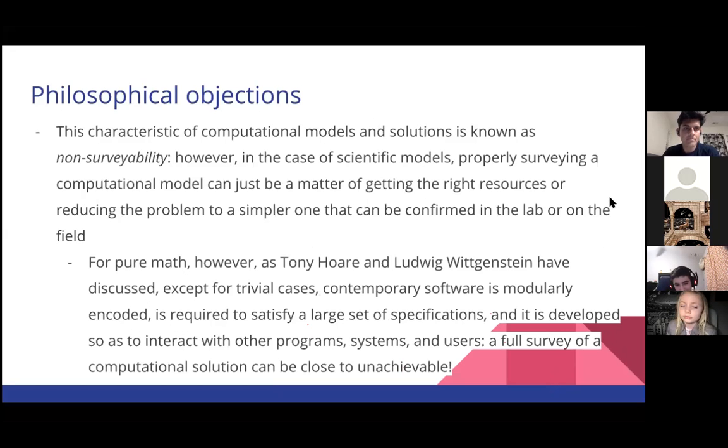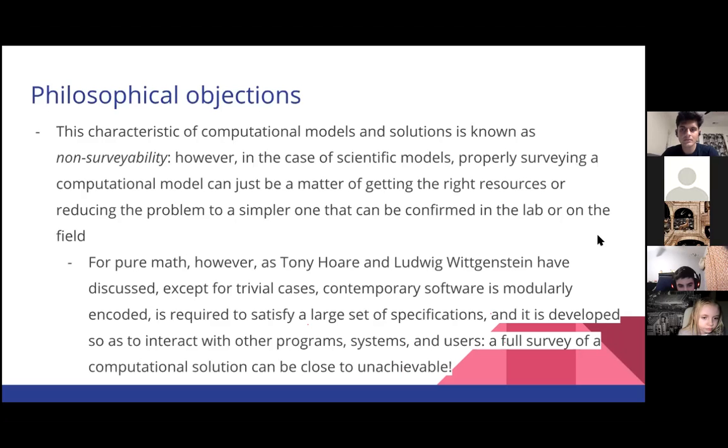The characteristic of computational models and solutions is known as non-surveyability, as I've said multiple times by this point. However, in the case of scientific models, properly surveying a computational model can just be a matter of getting the right resources or reducing the problem to a simple one, often called reducing the quadrature, that can be confirmed in the lab or in the field.